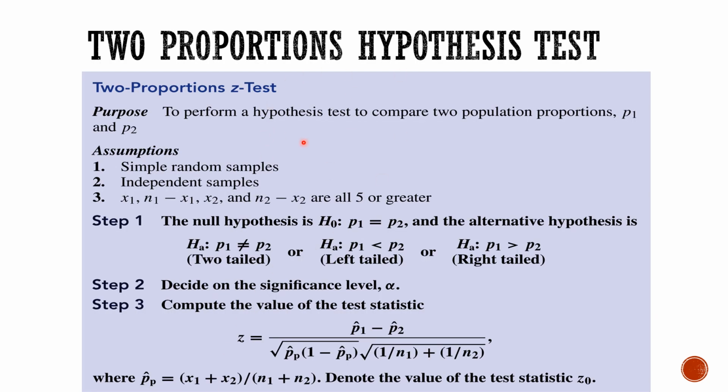So these are the steps in performing a hypothesis test for two proportions. Assumptions are it should be simple random samples, which goes without saying. It has to be independent samples.